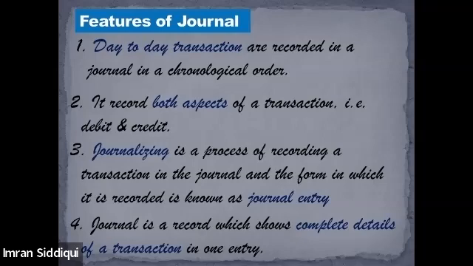So precisely speaking, there are four features of the journal. Firstly, it records all the transactions in chronological order. It considers both aspects of a transaction. The process of recording the transaction in the journal is called journalizing, and the journal shows the complete detail of a particular transaction through the journal entry.